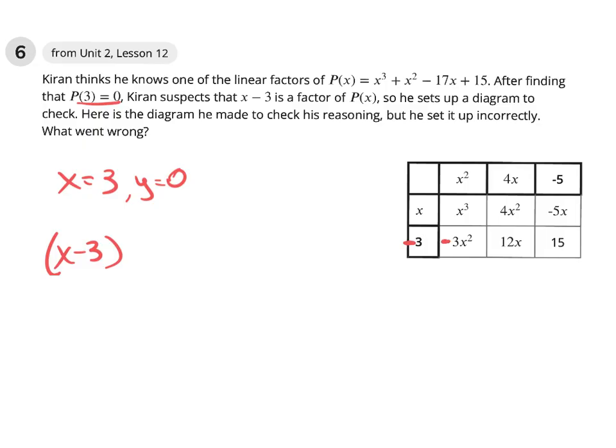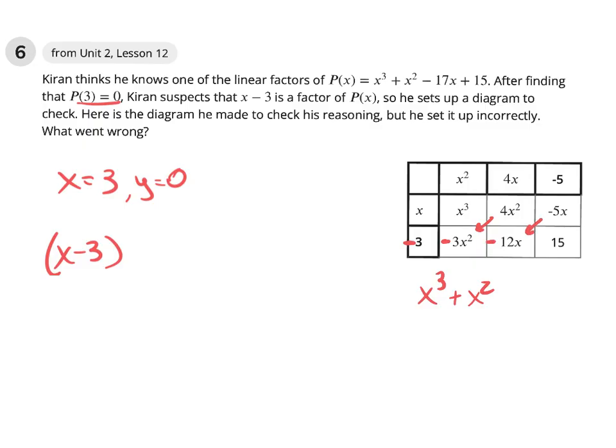X squared times x is x cubed. X squared times -3 is -3x squared. You're supposed to add on a diagonal. You get x cubed, and add on a diagonal, plus x squared. 4x times x is 4x squared. 4x times -3 is -12x.